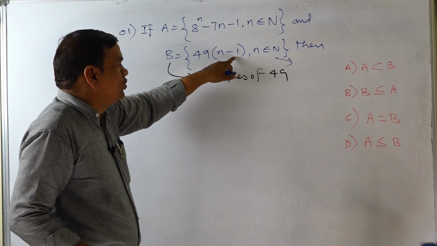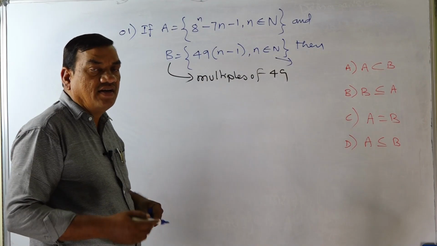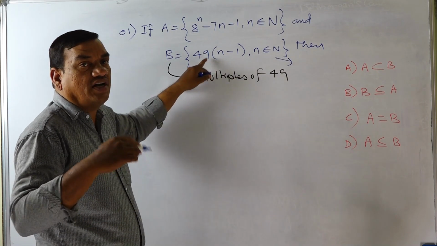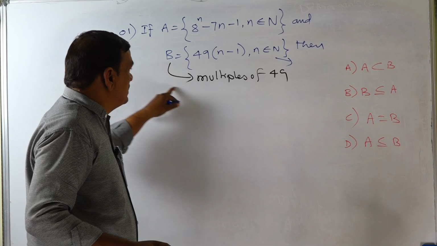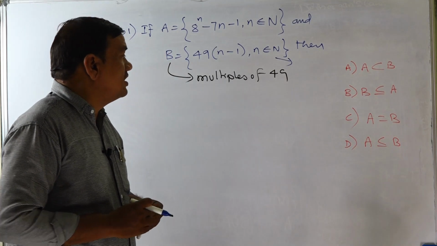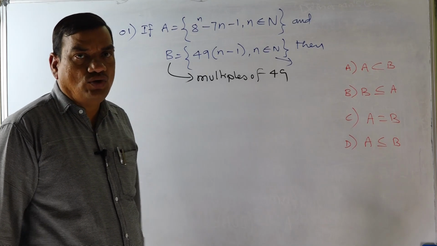Substitute n equal to 2: 2 minus 1 is 1, 49. Next, 49 into 2, 49 into 3, 49 into 4, and so on. So, the set B contains all the elements which are multiples of 49. It is very clear, no doubt.